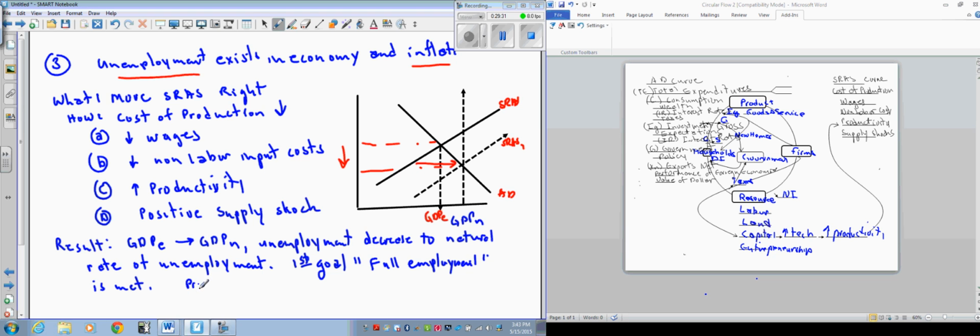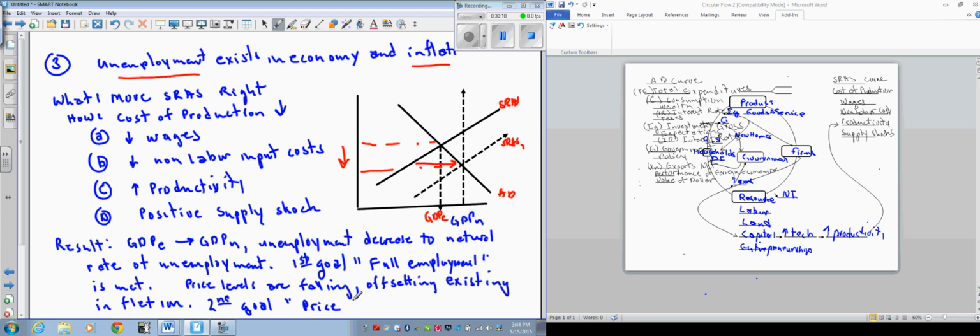Now, price levels are falling, offsetting existing inflation, and our second goal, price level stability, is met.